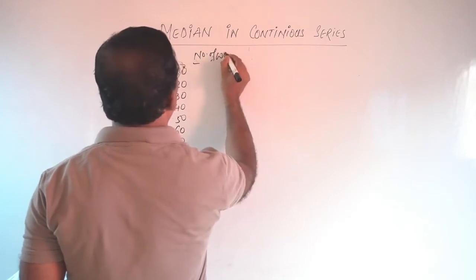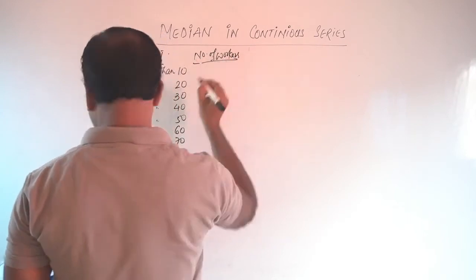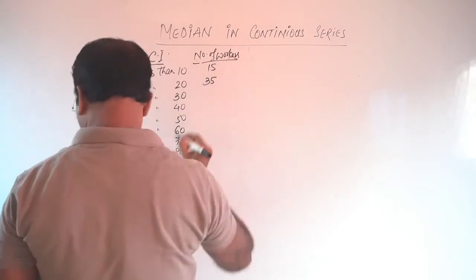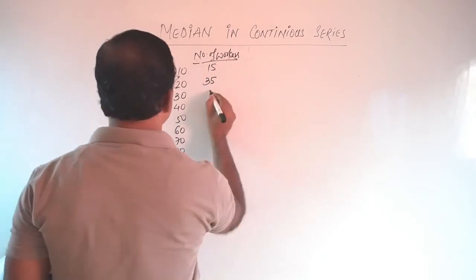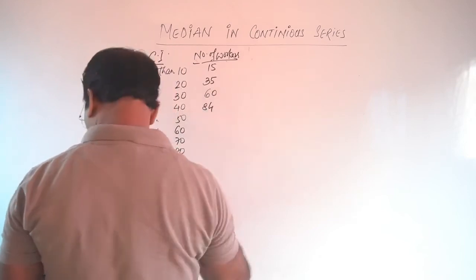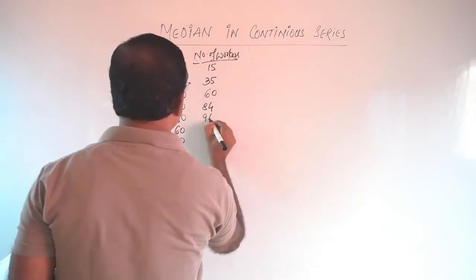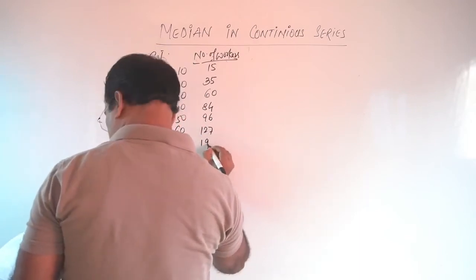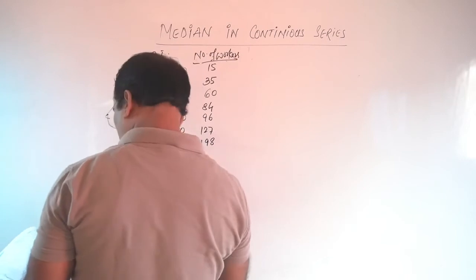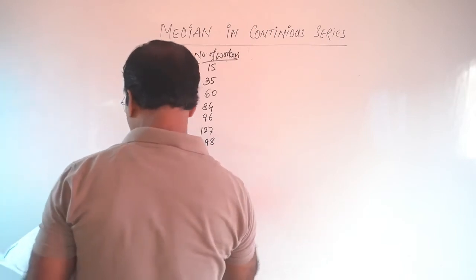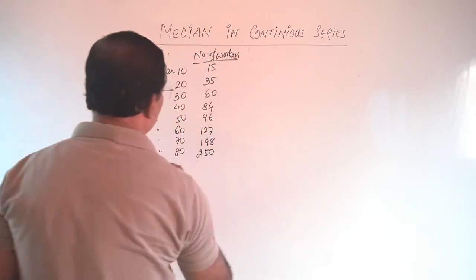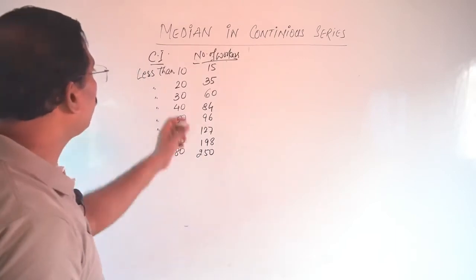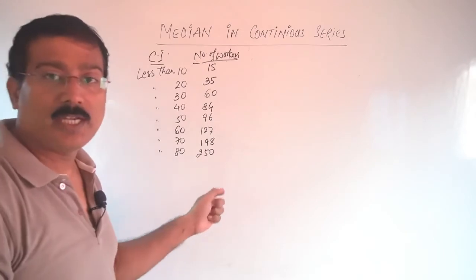Number of workers: this is 15, 35, 60, 84, 96, 127, 198 and 250.